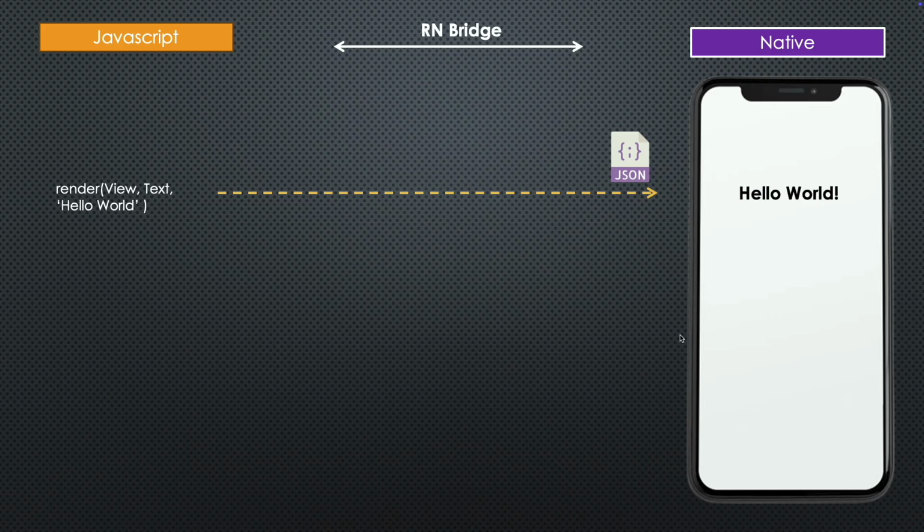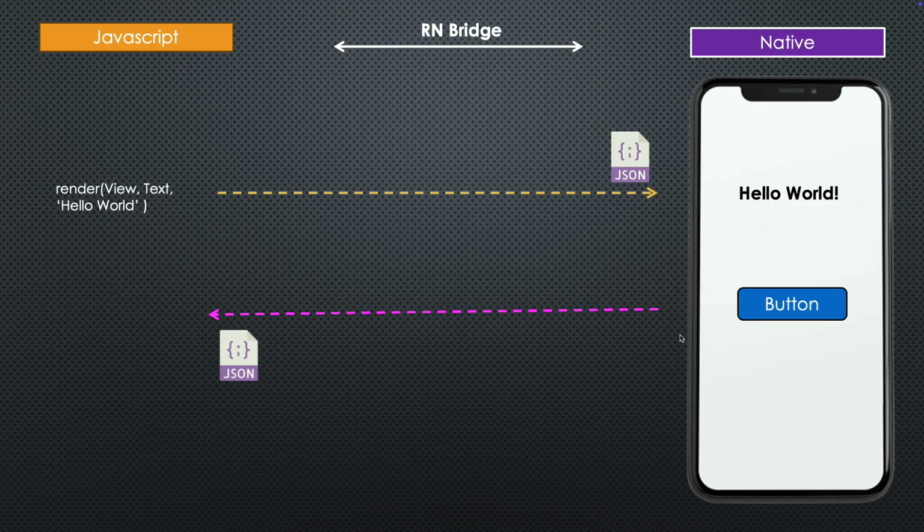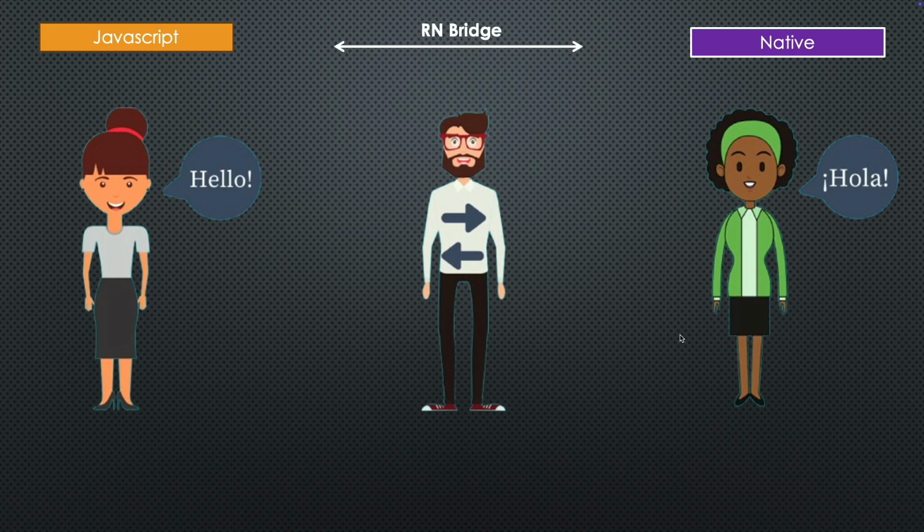If, for example, we also render a button and the user interacts by tapping on the button, the native side sends a message back through the bridge to the JavaScript. I hope we understand now. So it could send that, okay, do something. You can think of the bridge like a translator between two friends who speak different languages.